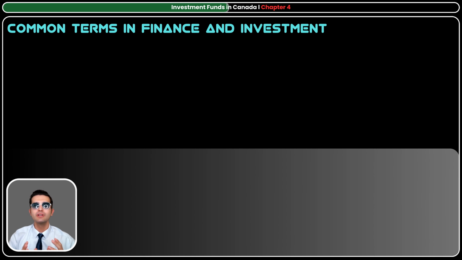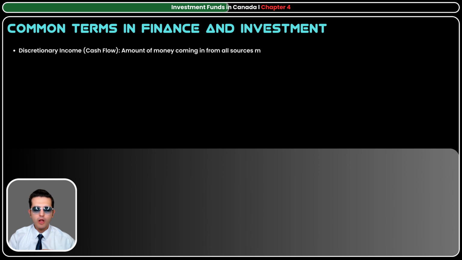What's discretionary income? Discretionary income or cash flow, these are the same, is the amount of money coming in from all sources minus the amount of money going out to pay bills and other debts.